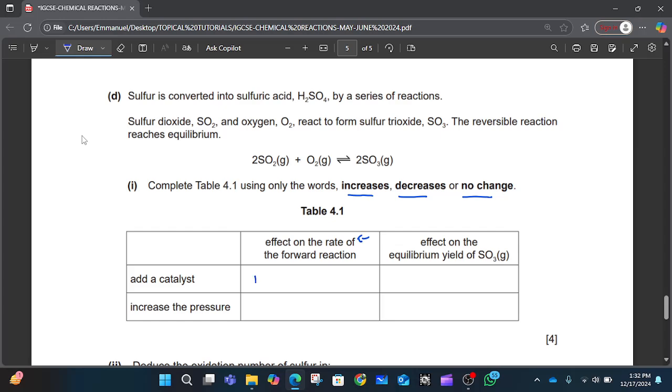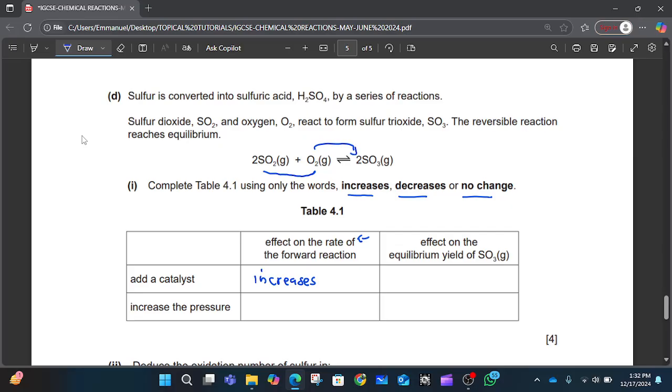Now, a catalyst increases the rate of both the forward and backward reaction of a reaction in equilibrium equally. So, catalyst increases the rate of forward reaction. An increase in pressure will force the reactants closer together, and so they are going to collide faster and therefore be converted to product.